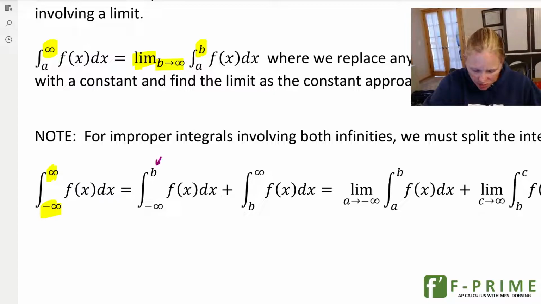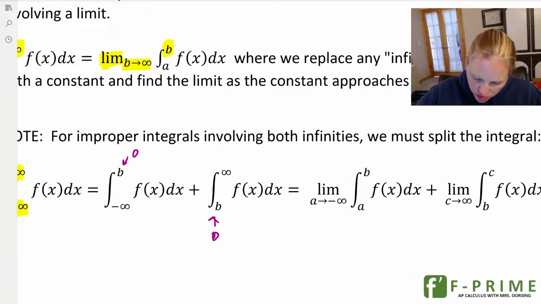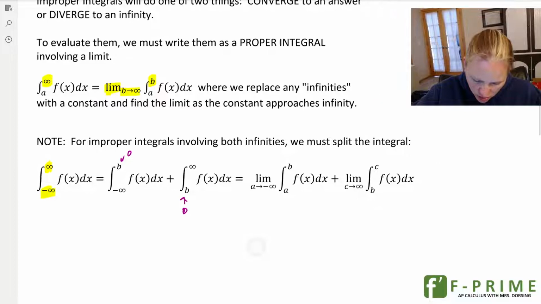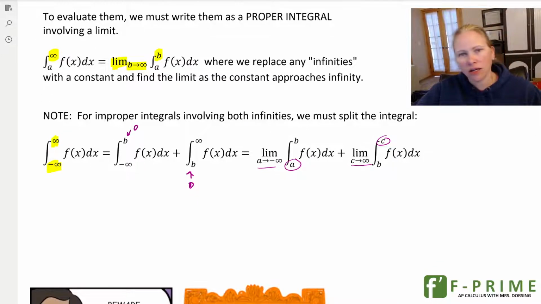So oftentimes we'll use 0 here and 0 here. Whatever number you choose to use, though, you're going to want to make sure that you use it both places. And then we express it as two improper integrals. We say the limit as one of the limits is approaching negative infinity and the other limit is approaching positive infinity. So essentially it is possible that both limits could be infinities and we would have two improper integrals to evaluate as limits. So let's take a look.